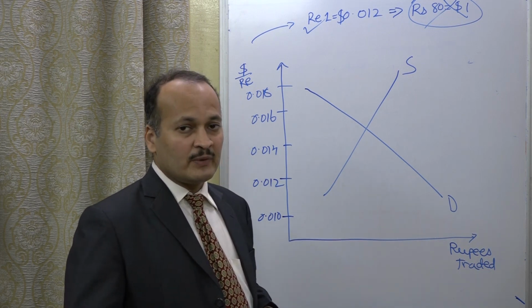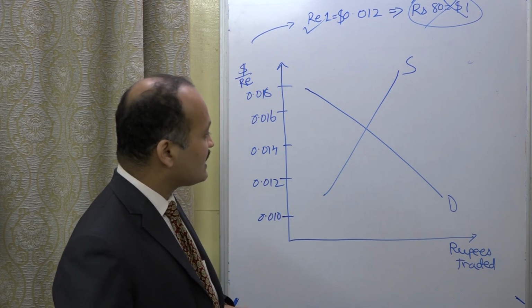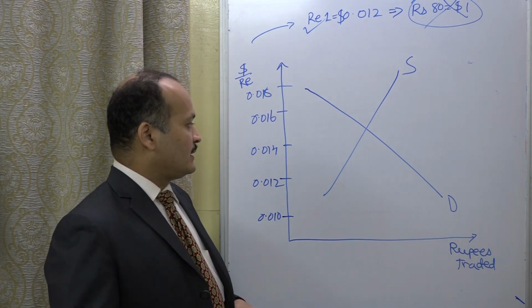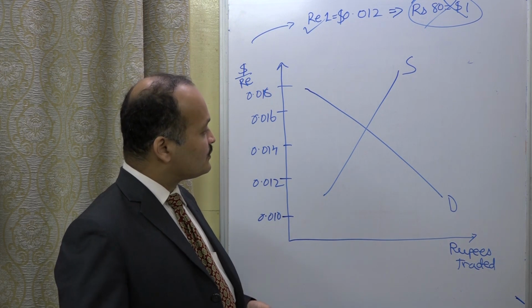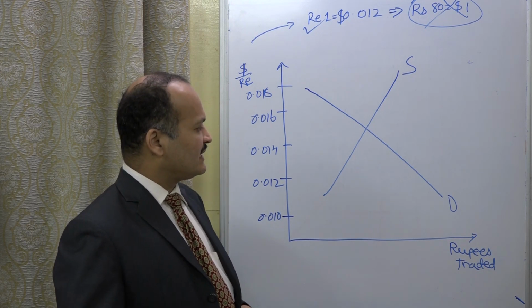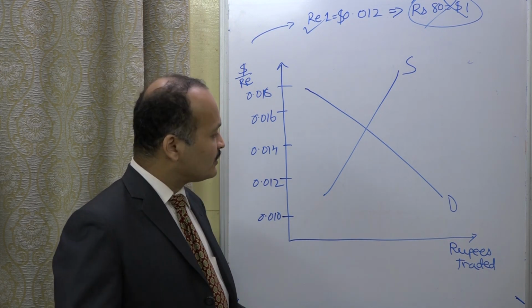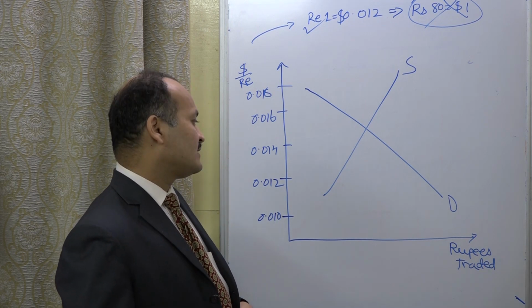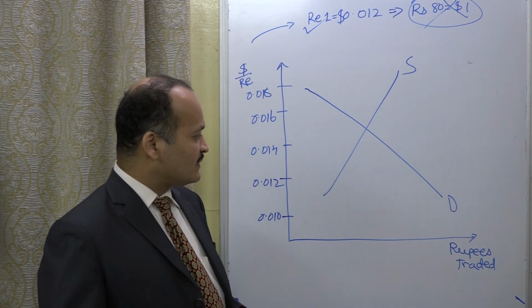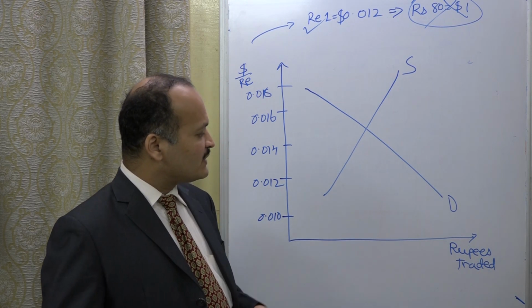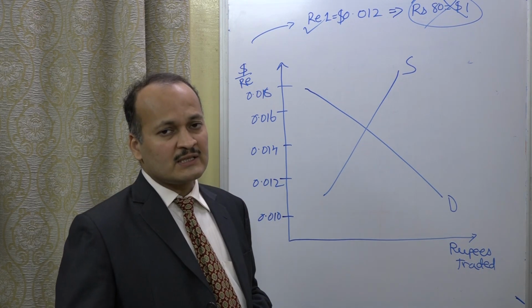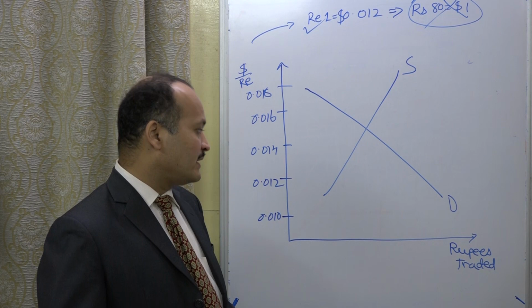The government has not been able to stick to the fiscal deficit target that it had mentioned in the budget. So all these factors are creating negative sentiments about the Indian economy, reflecting that the growth prospects of the economy are not going to be great.